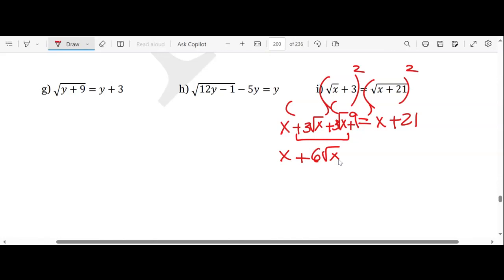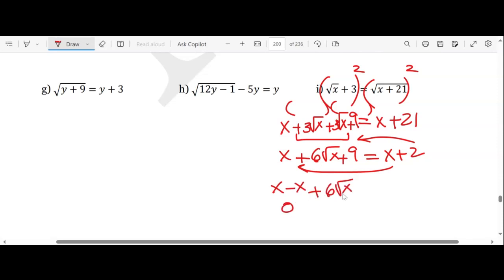And don't forget the x plus 9 equals what? X plus 21. Keep the numbers together and the x's together, okay? So x minus x, okay, 6 square root of x plus 9 equals... Or I can move the 9 to the other side.